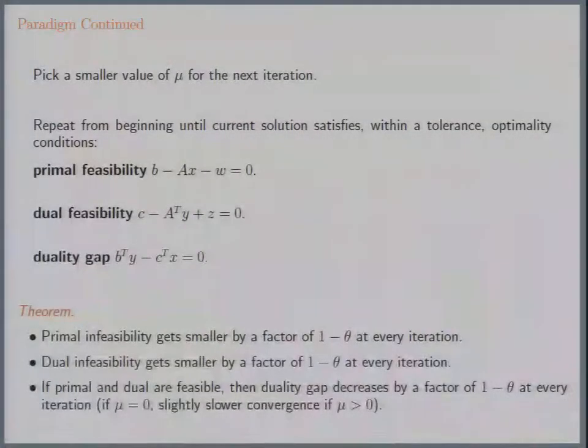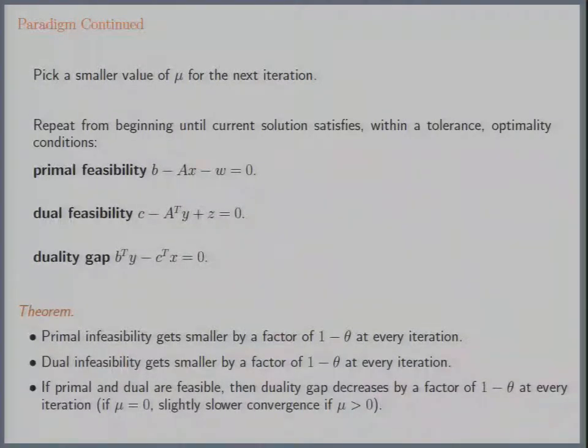Okay, so here's what we do to finish this up. We iterate this thing. We pick a smaller value of mu for the next iteration, and we just repeat exactly what we said from the beginning, over and over again, until we satisfy the conditions that we know from duality theory: the primal should be feasible, the dual should be feasible, and the duality gap should be basically 0.